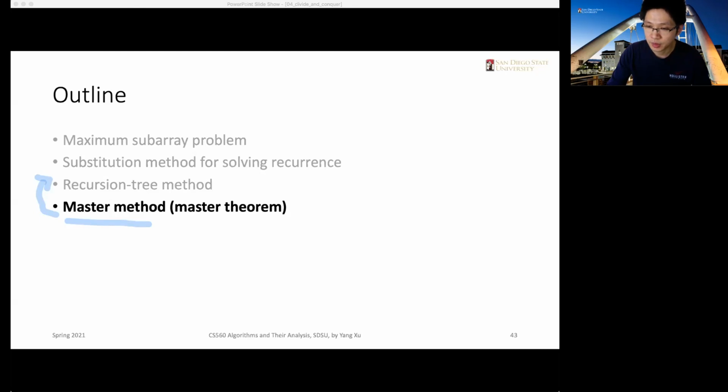So I think the question in the chat is basically correct. The recursion tree method is a good way to come up with a solution, to have some guess about the solution.